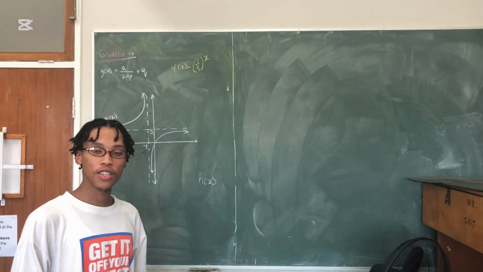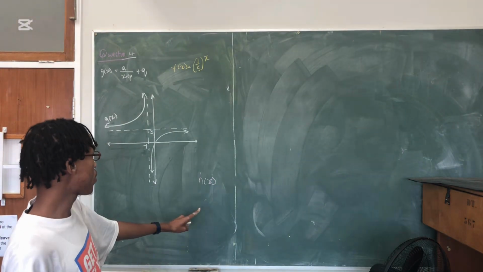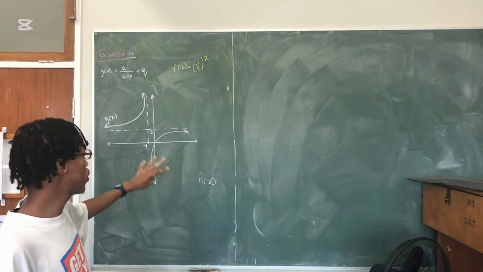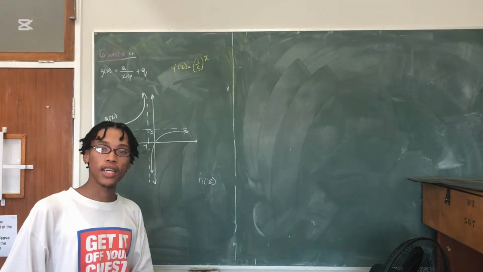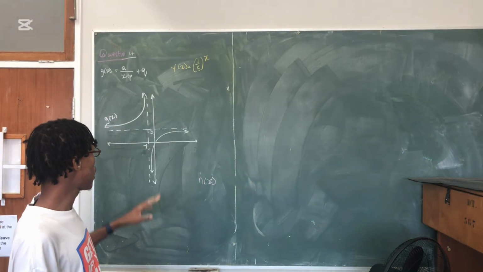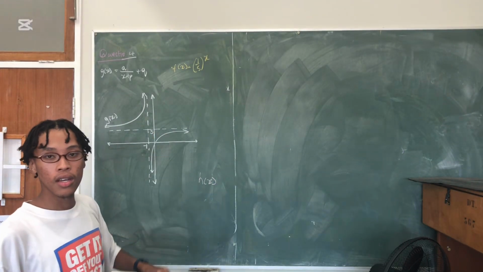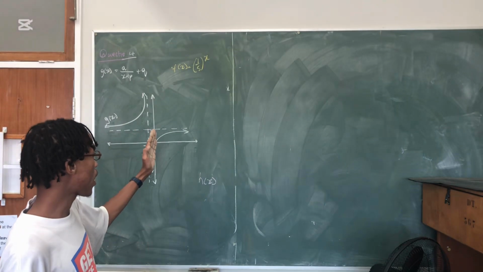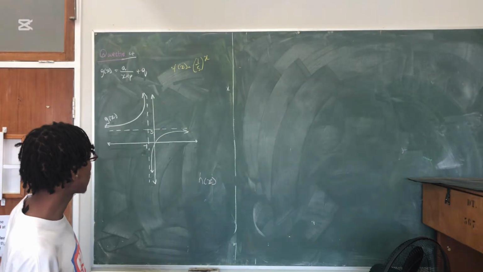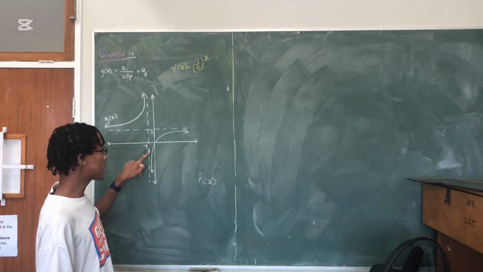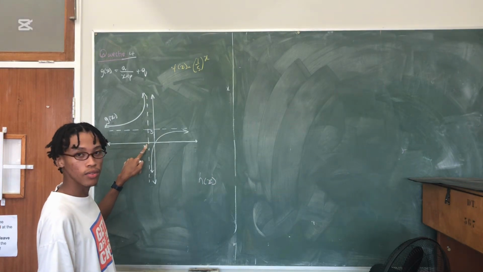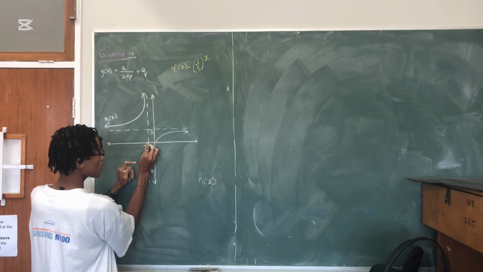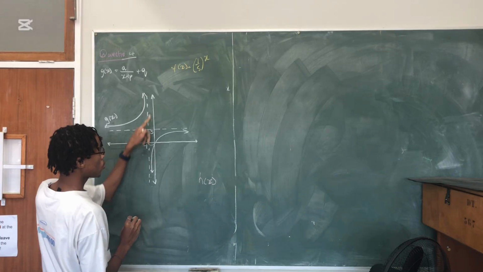The final question on this section is asking us to draw a new function, h of x, which is simply a transformation of g of x. When we transform or shift the hyperbola, the easiest way to go about it is to shift the asymptote. So the information that we have is that we need to move the g of x function 1 unit to the right and 2 units downwards. So we look at the vertical asymptote first. Currently sitting at -1, we need to move the vertical asymptote 1 unit to the right. So it moves from -1 to the y-axis.